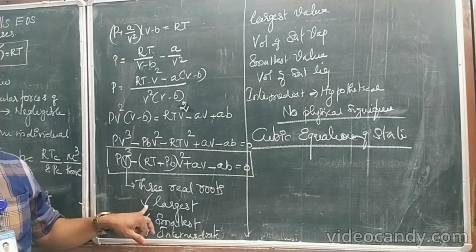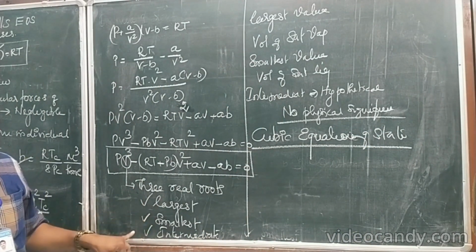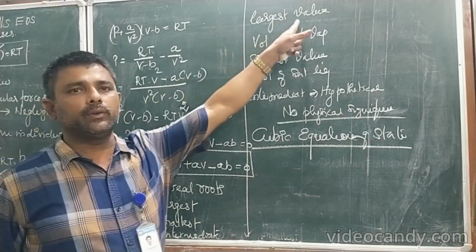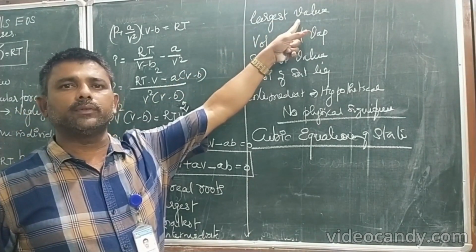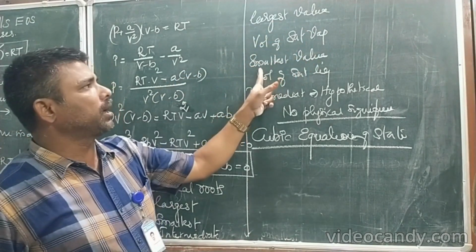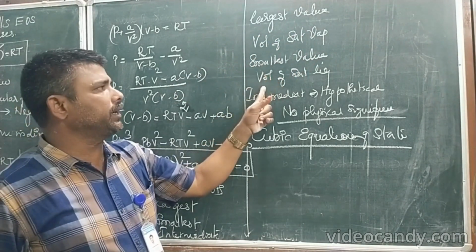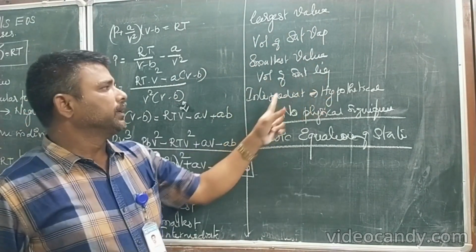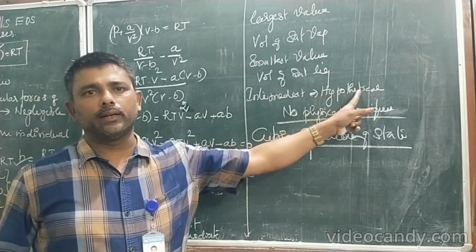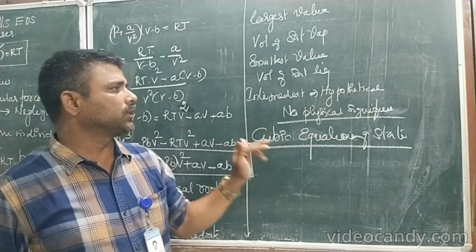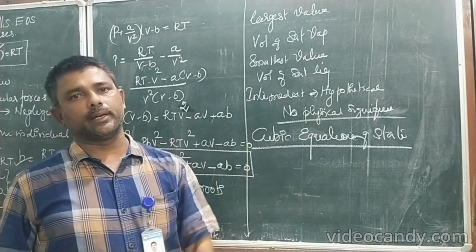One is largest, another is smallest, one more is intermediate. The largest value indicates the volume of saturated vapor. The smallest value indicates the volume of saturated liquid. The intermediate is hypothetical. It has no physical significance. This is called a cubic equation of state.